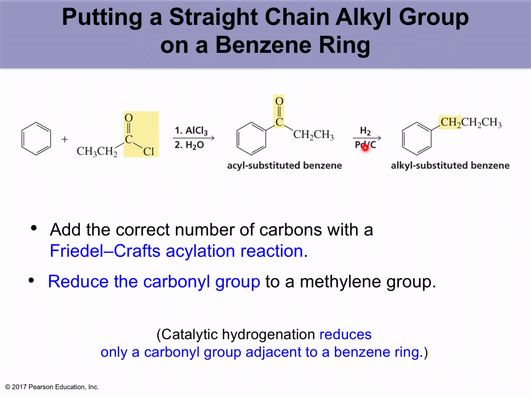So the catalytic hydrogenation will not reduce the benzene ring, but it will only reduce the carbonyl group next to the benzene ring. Okay, but remember, we learned when we studied alkene chemistry, specifically in organic 1, and we also touched on some of these reactions in organic 2, that a double bond can be reduced, adding hydrogens across it, using catalytic hydrogenation.